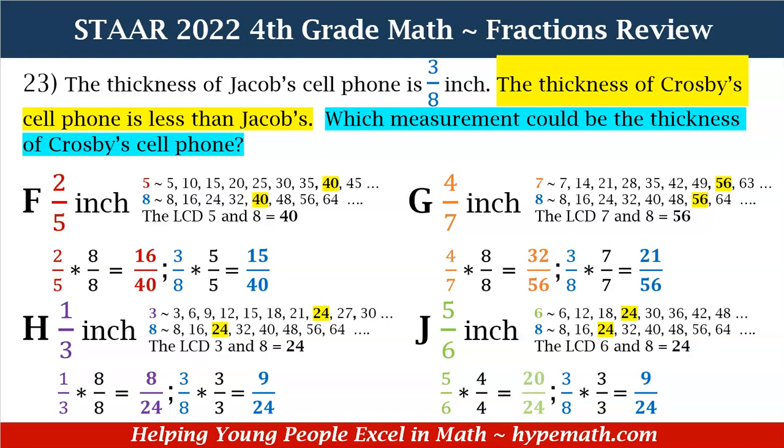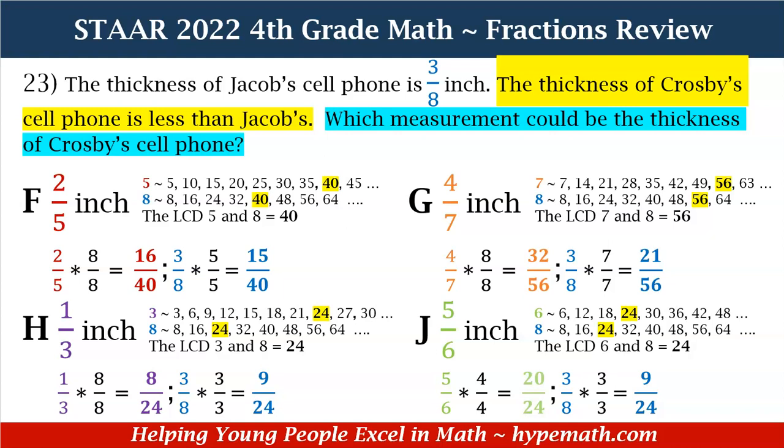Let's start with F. We have 2/5 inch, and remember, Jacob's cell phone is 3/8 inch. For every answer choice, we are going to discover the LCD, or least common denominator, for the answer choice denominator and also for 3/8 so that we can do a comparison.